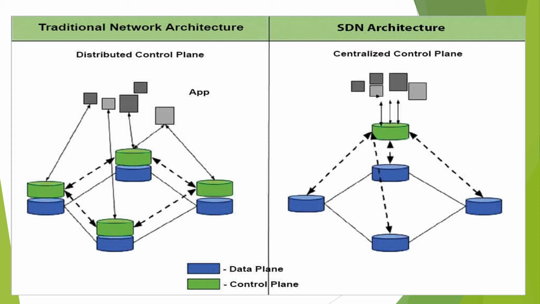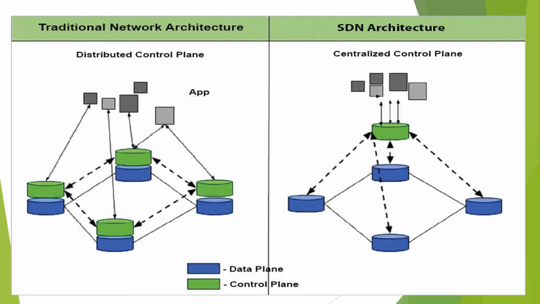Now here we can see the difference between the traditional network architecture and SDN architecture. First of all, in the traditional network architecture there is a distributed control plane. Control plane is a concept on network devices where the data traffic control decisions are taken, and data plane is a segment of the device where the actual data resides.